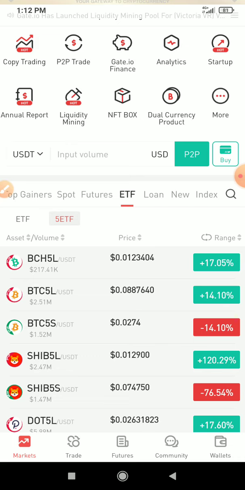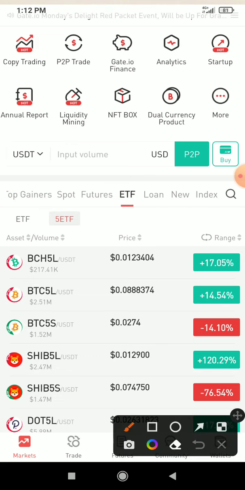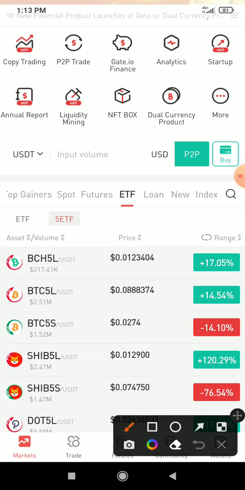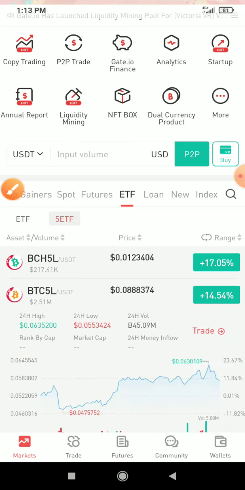In this way we have to search and drop down to BTC 5L. Here is the BTC 5L. Now tap on BTC 5L.